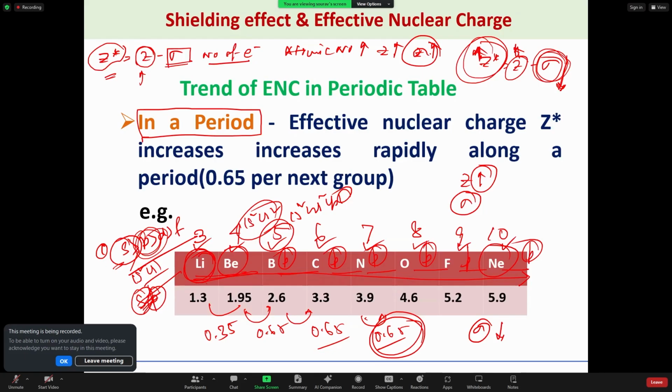The overall idea is that when the atomic number is increasing along the period, then this value also increases. But the point is that the sigma value is also decreasing, because of the inverse of the p orbital.